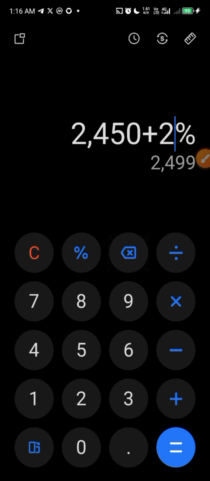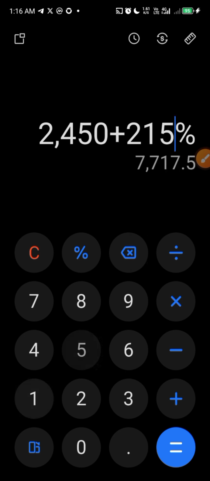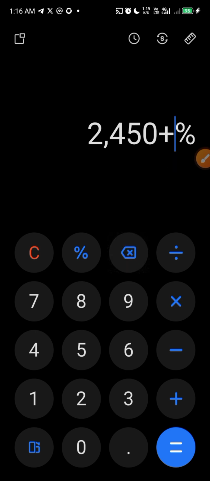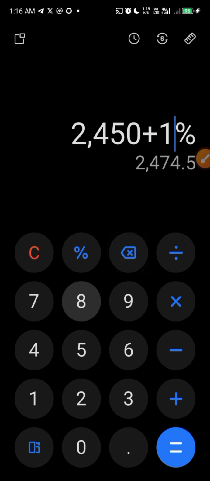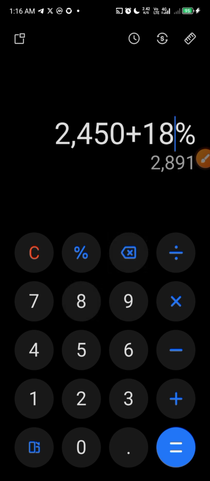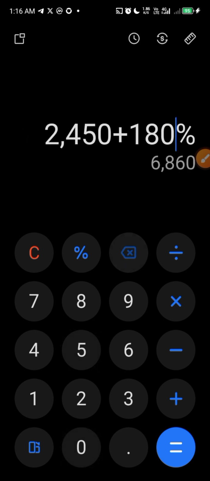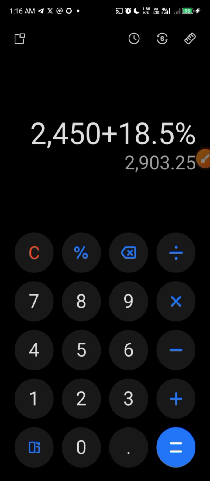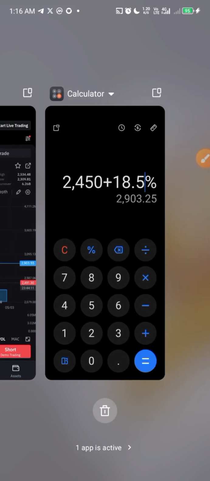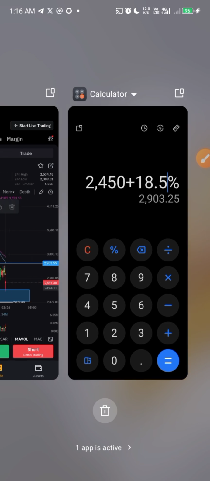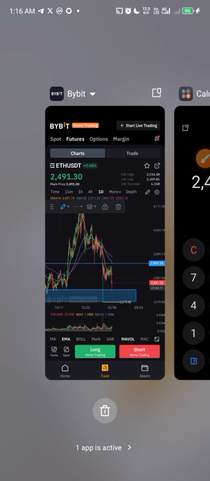So my gain would be around 18%, or 18.5%, 2,900. So I know that 2,900 is now my take profit, and 2,300 is my stop loss.